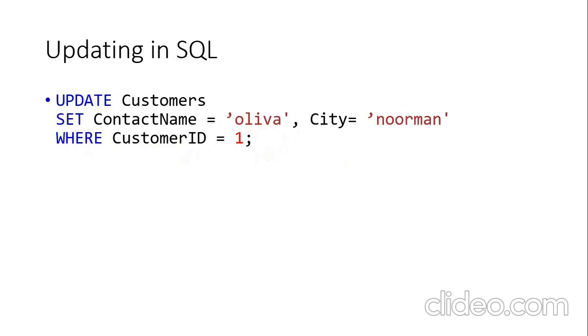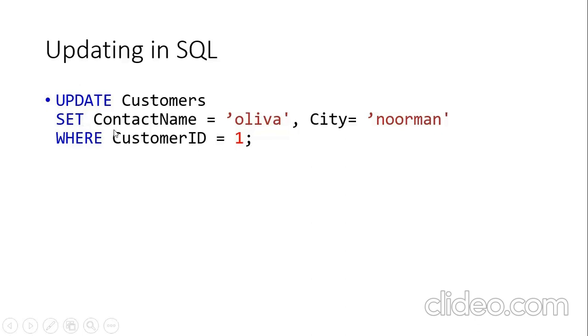Now the update command in SQL. SQL is used to update the already existing database, using the set keyword: update customer set contact name Olivia, city Noorman, where customer ID equal to 1.